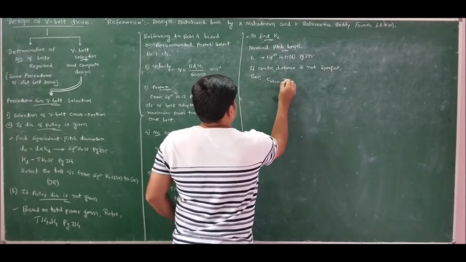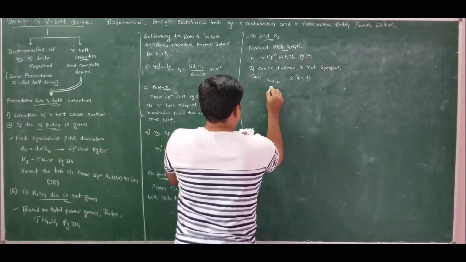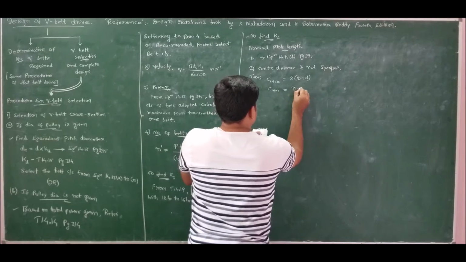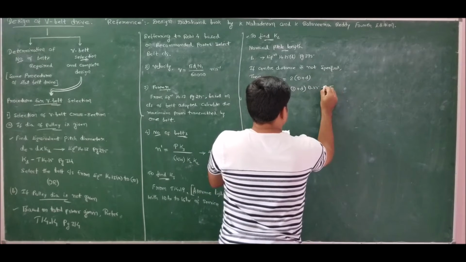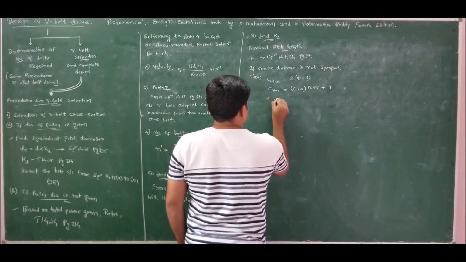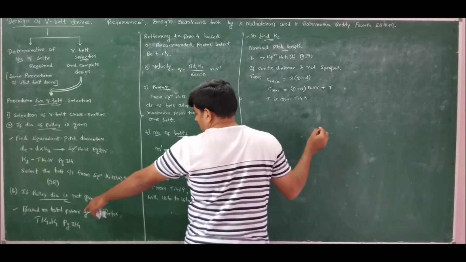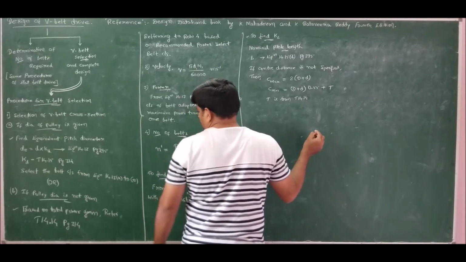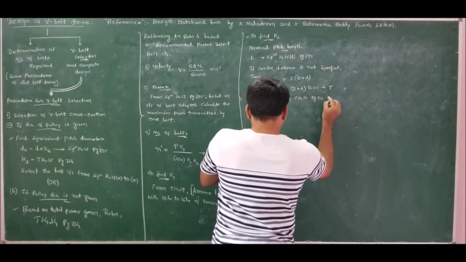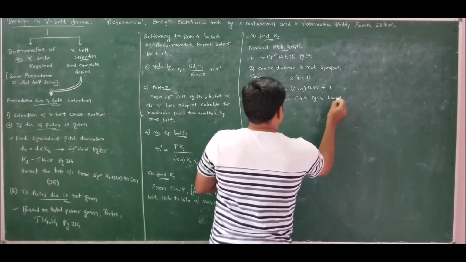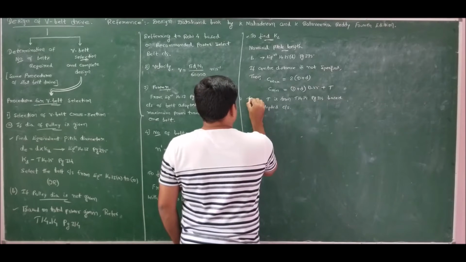calculate maximum center distance, which is given by 2 times diameter of larger pulley plus diameter of smaller pulley, and C minimum, which is given by D plus d into 0.55 plus thickness, where thickness T is from table 14.14, the same table from which you adopted the cross section based on power, in page number 314, based on adopted cross section.